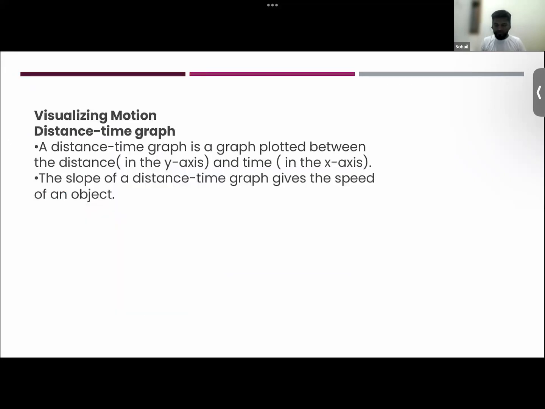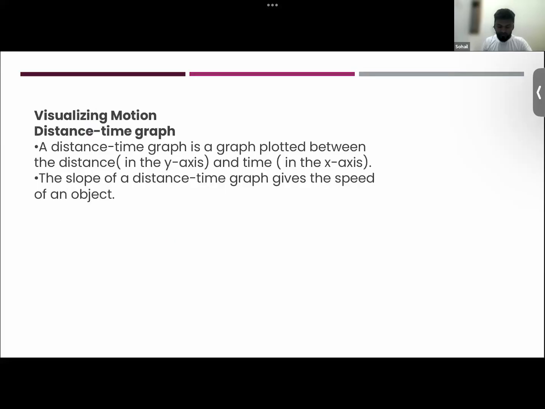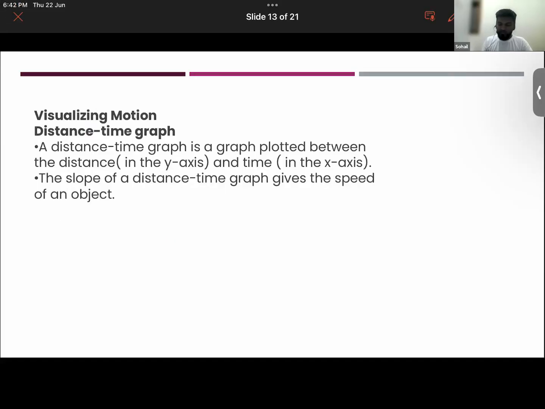Yes. So we were talking about uniform motion, and do tell me what is the graph of a uniform motion? If you recall, we discussed this one. We were talking about distance time graph, right?